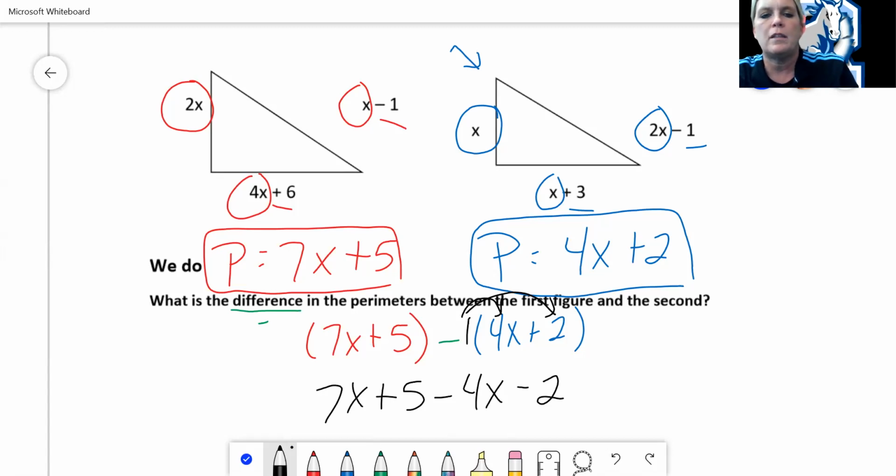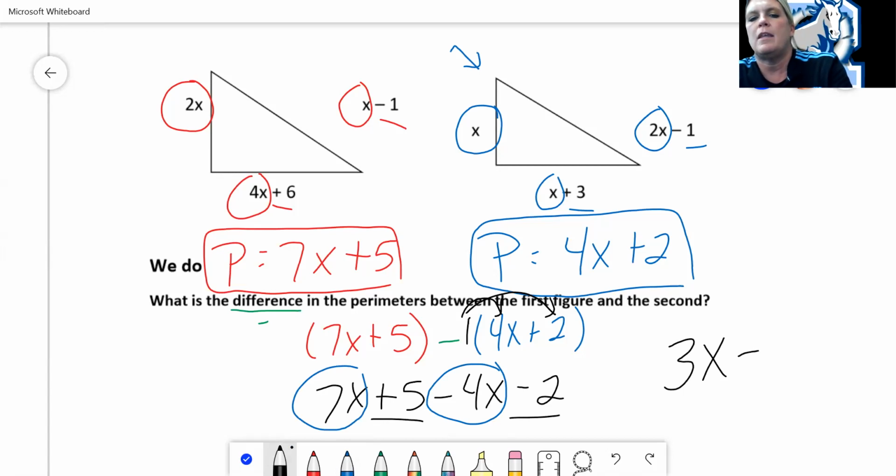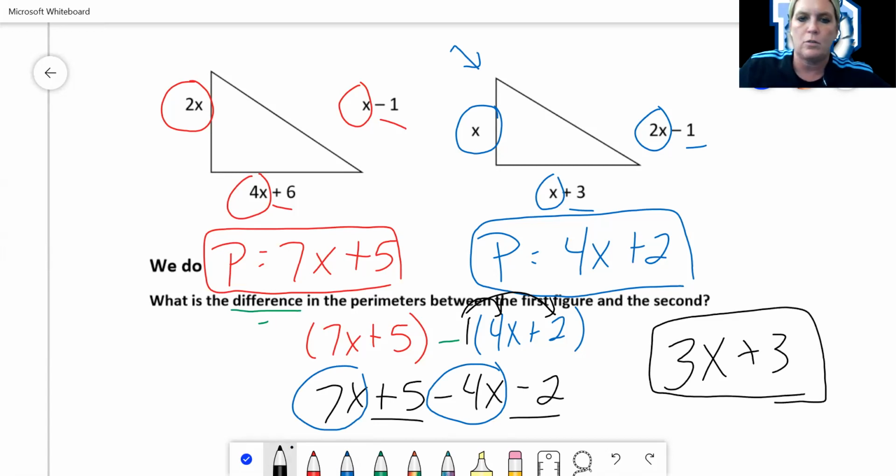From here, combine like terms. Put your x's together. Well, what is 7x minus 4x? That is 3x. And then 5 minus 2 is +3. This should be your answer.